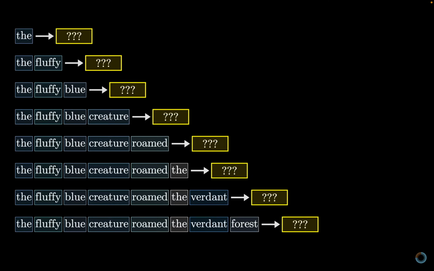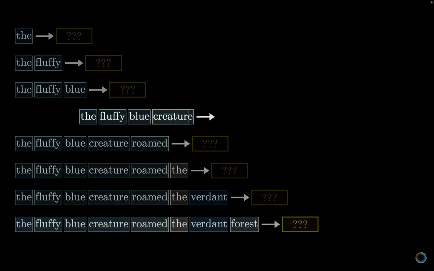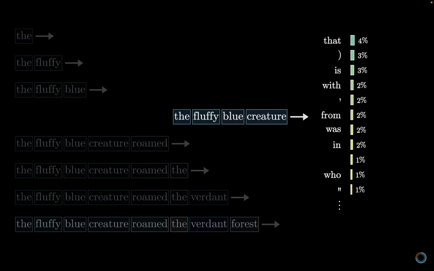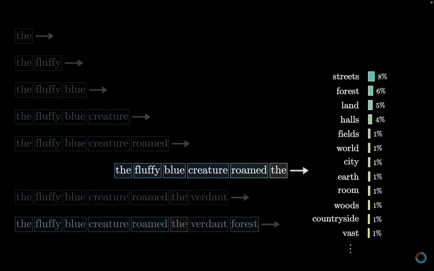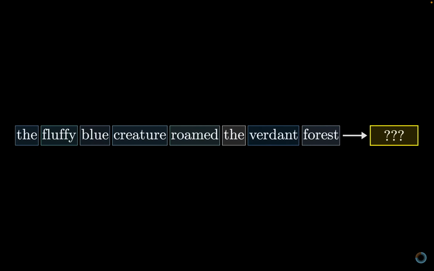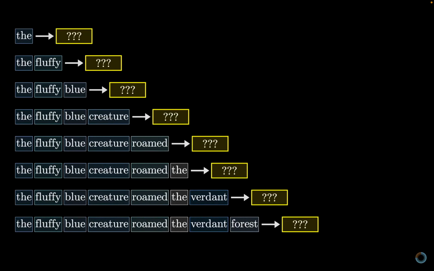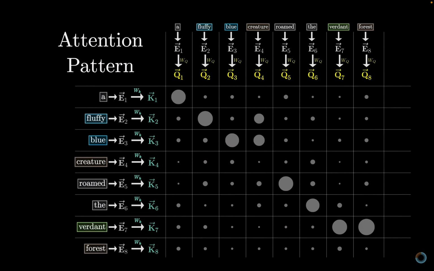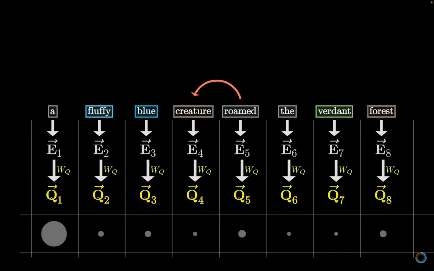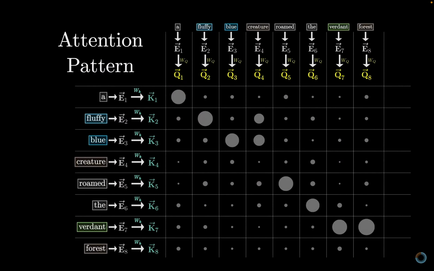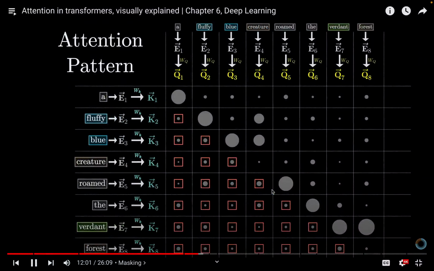For example, with the phrase that we've been focusing on, it might also be predicting what words follow creature and what words follow the. This is really nice because it means what would otherwise be a single training example effectively acts as many. For the purposes of our attention pattern, it means that you never want to allow later words to influence earlier words, since otherwise they could kind of give away the answer for what comes next. What this means is that we want all of these spots here, the ones representing later tokens influencing earlier ones.